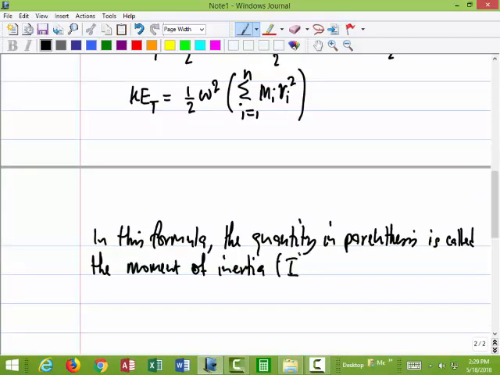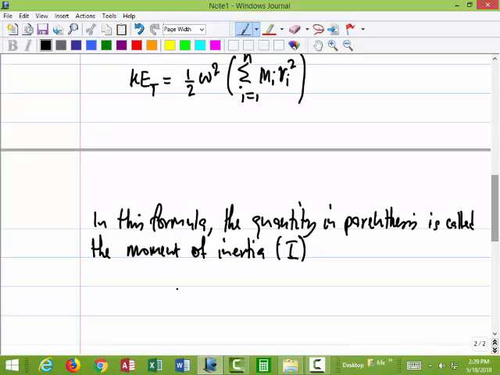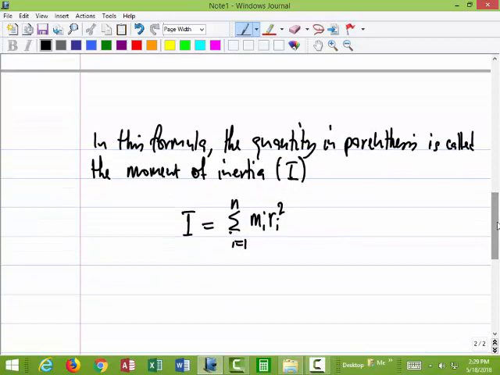We use the letter I to represent moment of inertia. So we can say that the moment of inertia I is equal to the sum from 1 to n of mi ri squared. Moment of inertia is equivalent to mass in rotational motion.